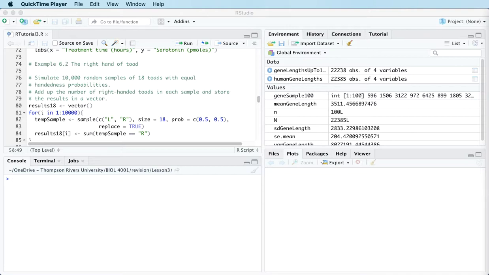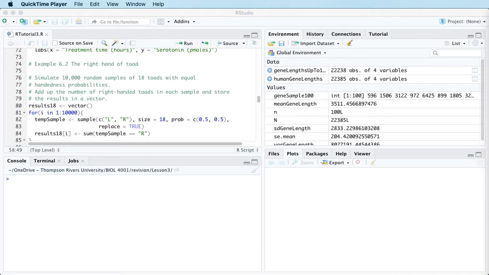And we're taking a sample of 18 toads from that population with equal numbers of left and right-handed toads. And we're asking ourselves, what is the probability of obtaining sample data showing as great or greater difference from the null hypothesis? So what does that mean?